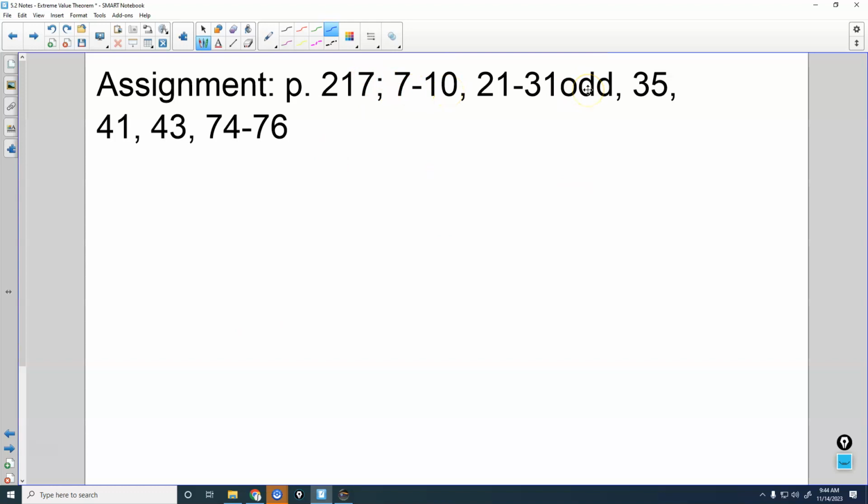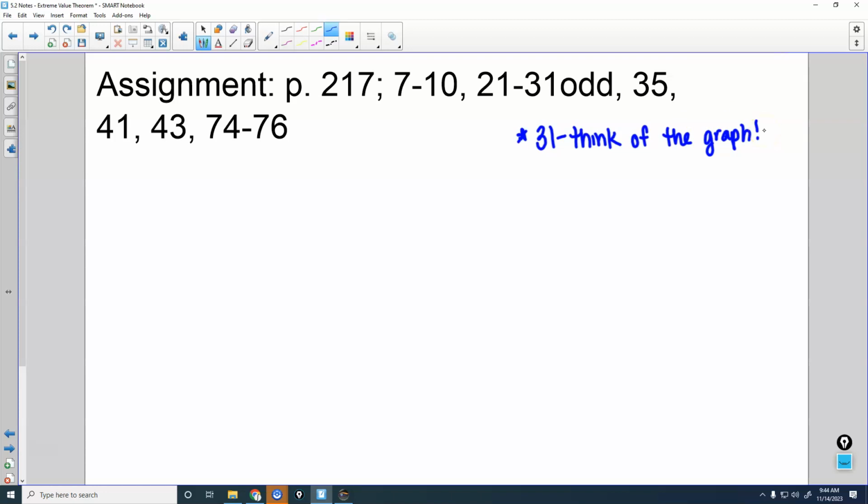21 through 31 odd are like the problems that we were doing. To give you a hint on 31, think of the graph. Because 31 we can't do algebraically.